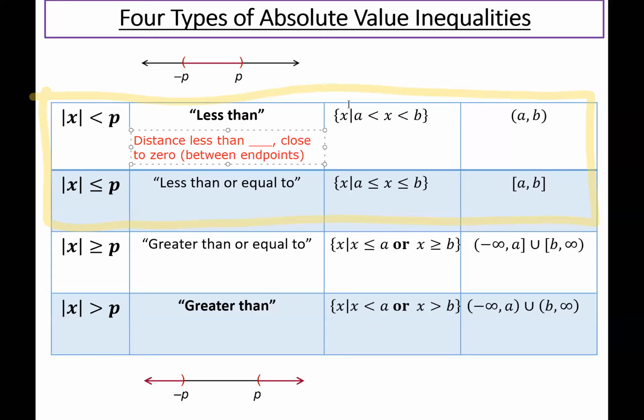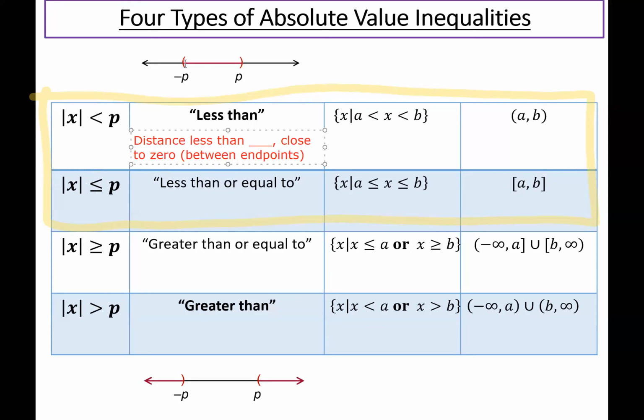Okay, so we're talking about 4 types of absolute value inequalities. The note that I just wrote you here kind of applies to the first 2. Anytime you have a less than or a less than or equal to sign, remember absolute value is distance. If your distance from 0 is less than a certain number, you are close to 0.